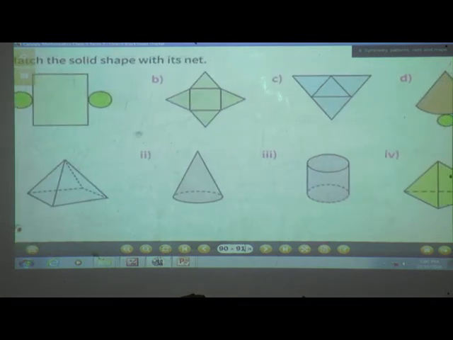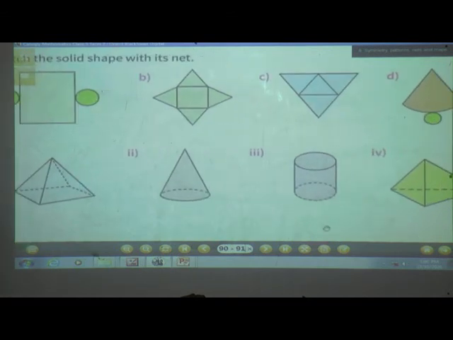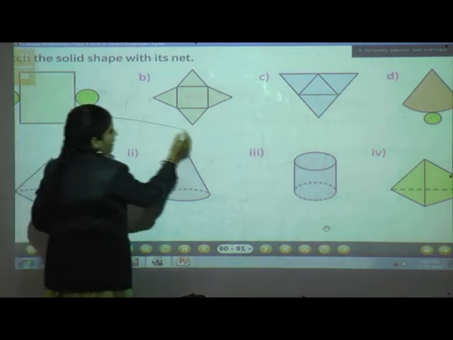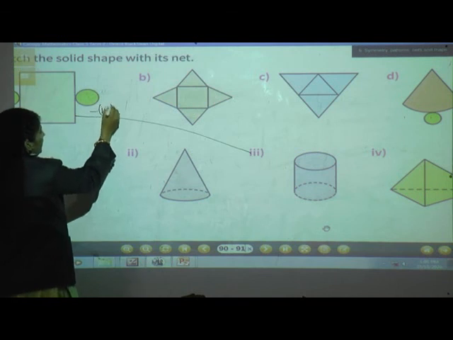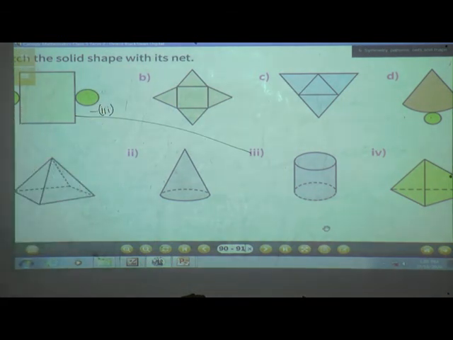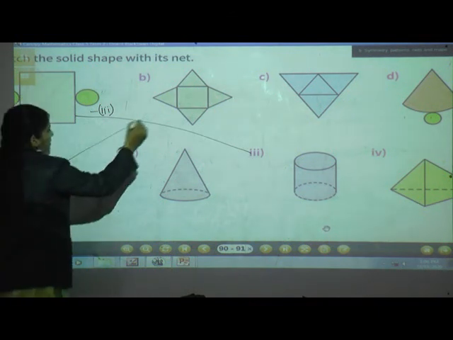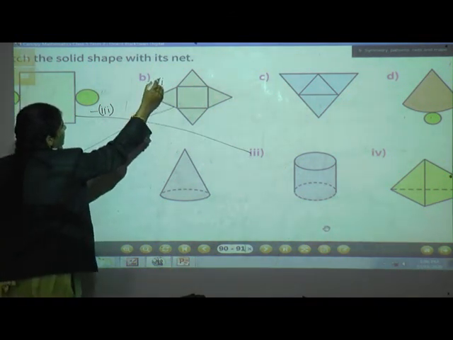So this one is a shape of a cylinder. So you can match or you can write here, third one. Okay. Now B1. Yes, tell me the answer students. Which one is the match for the solid shape with its net? Okay. So for the second one we can match to the pyramid. Yes, here is a pyramid.